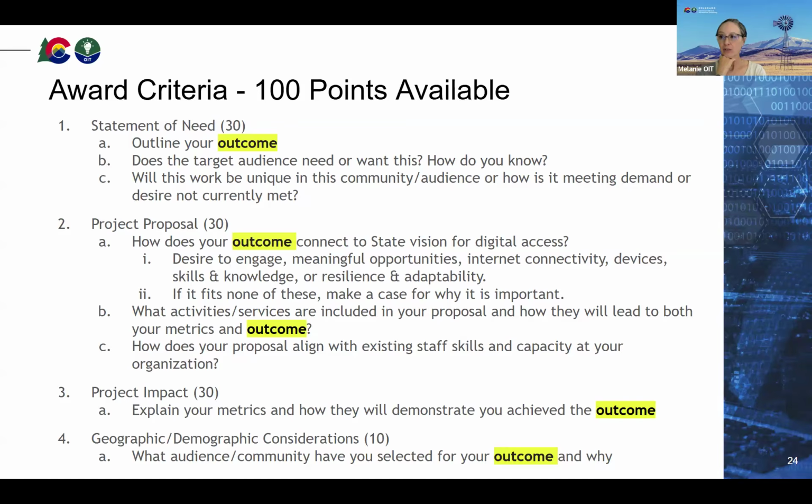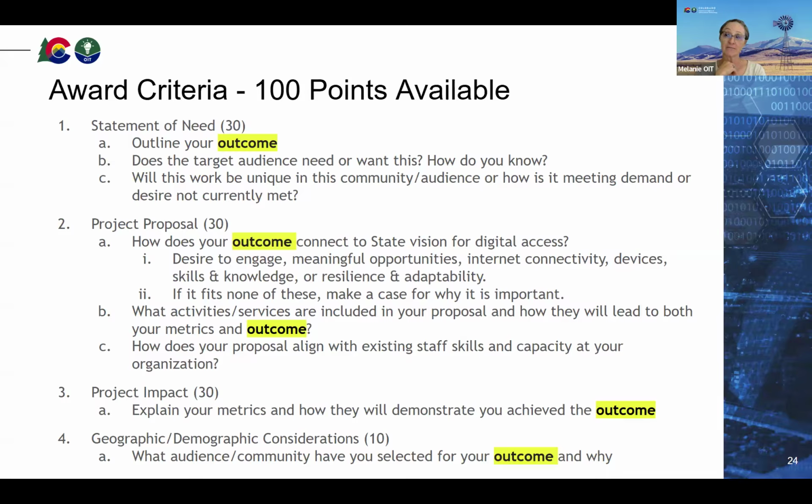Okay, thank you. We have another question too. Is the number of people impacted by the project a consideration for awarding the grant? For example, we can focus on underserved populations, but some of those underserved groups also represent a very small number of the population.